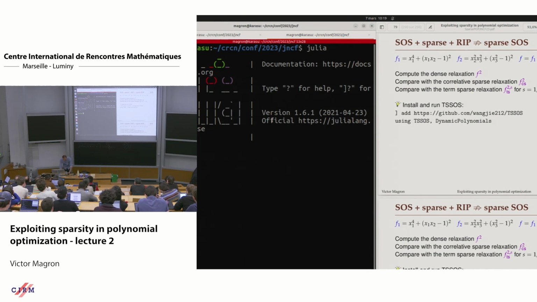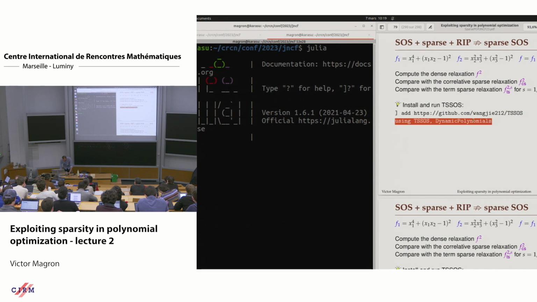Okay, so I'm going to take these two examples. I'm going to do some quick copy paste.